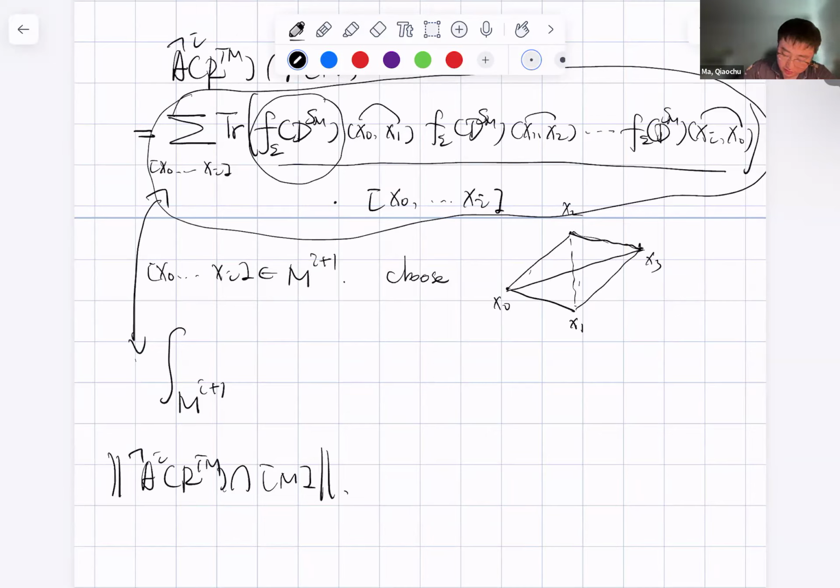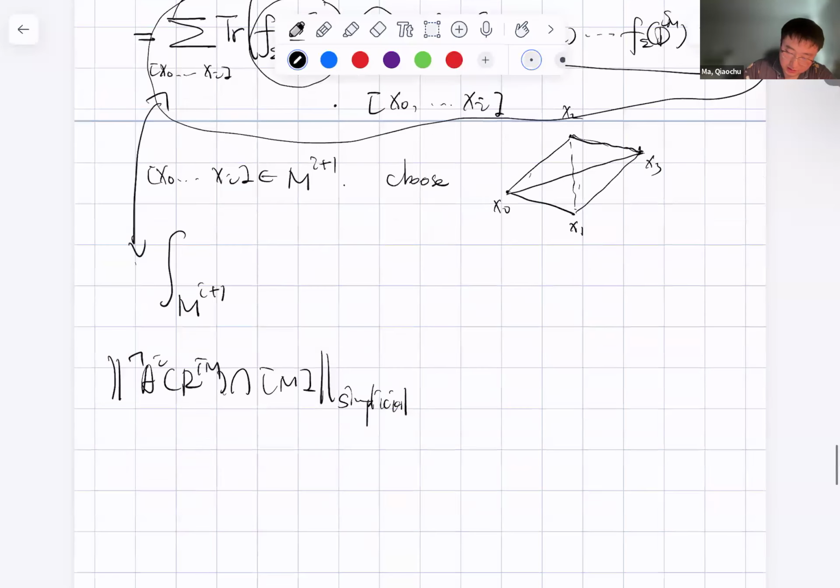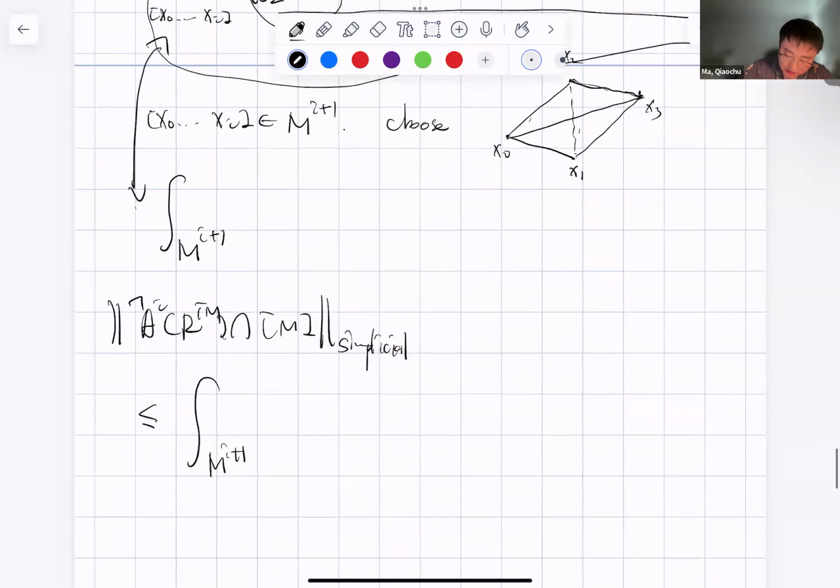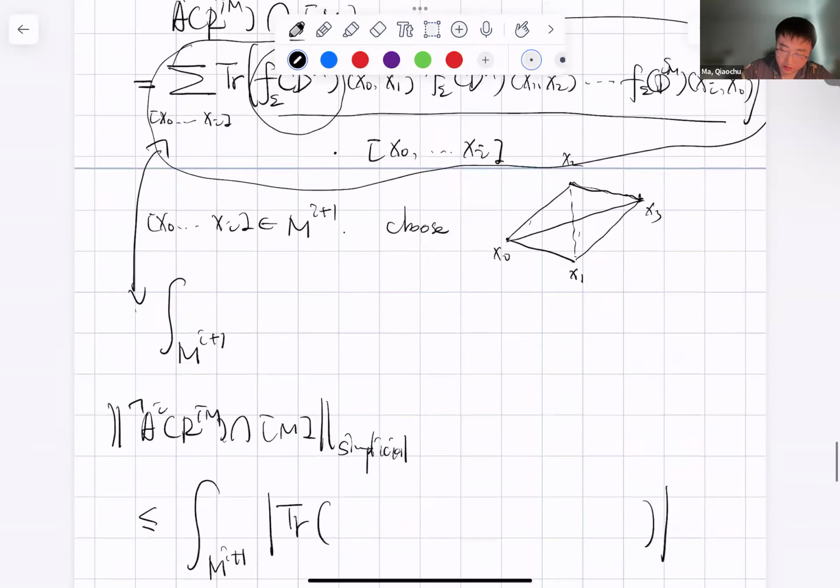Its Gromov simplicial norm is less than or equal to the integration of the absolute value of this very long expression.